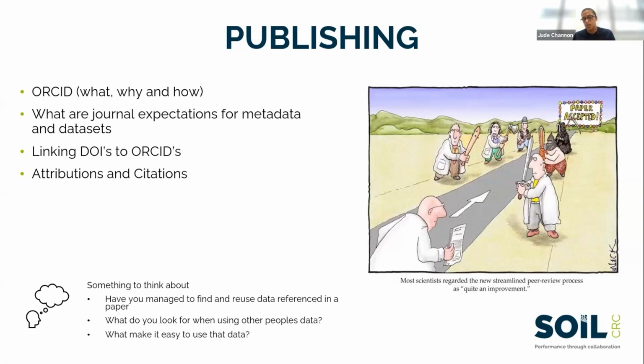Journals will ask you for things like your ORCID ID, and that helps you create a really lovely portfolio of work, particularly if you're a graduate researcher or an HDR student. Even things like your presentations from conferences can be linked to that ORCID ID.